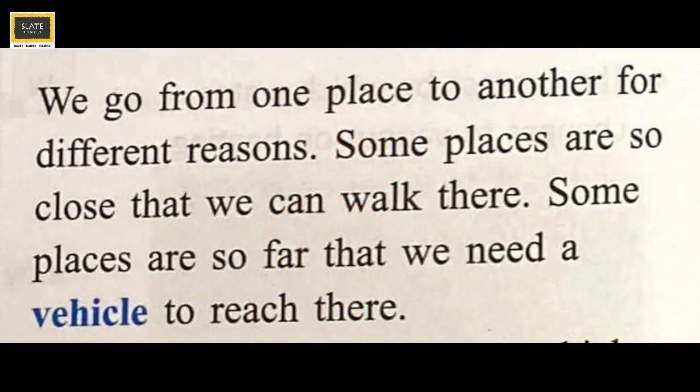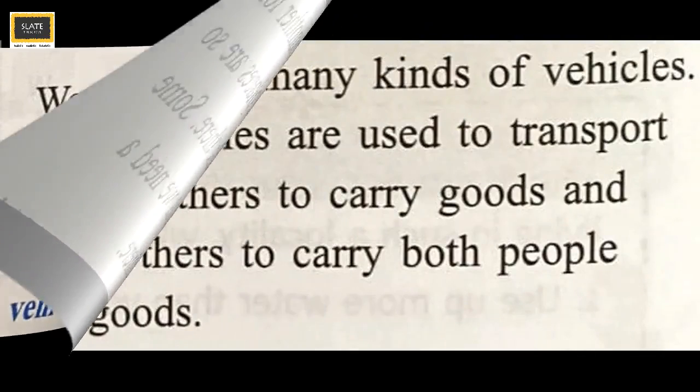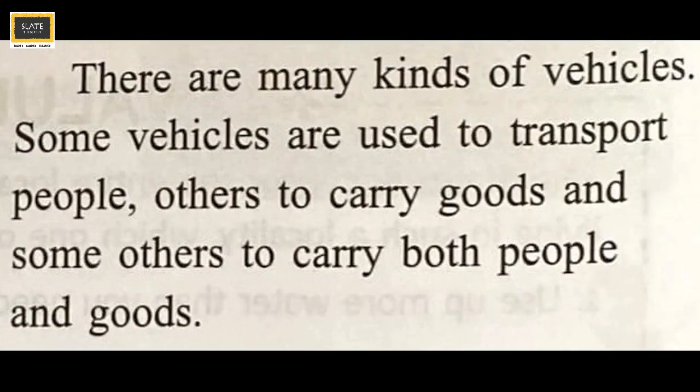We go from one place to another for different reasons. Some places are so close that we can walk there. Some places are so far that we need a vehicle to reach there. There are many kinds of vehicles.